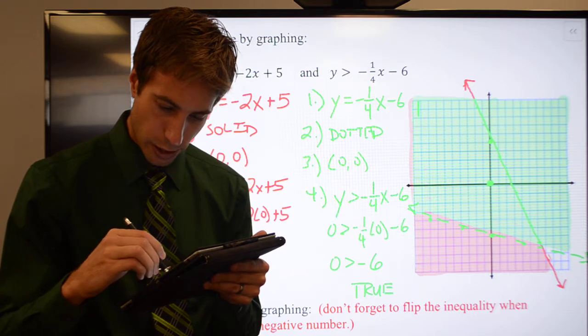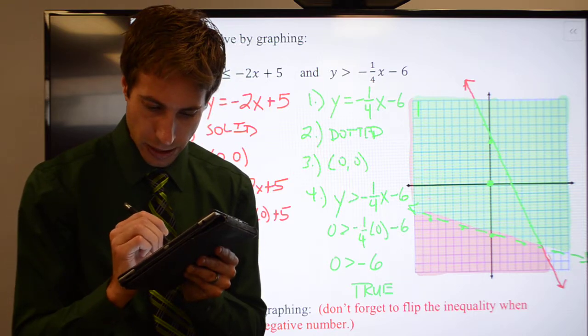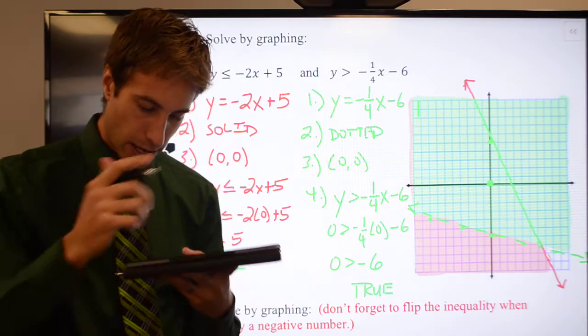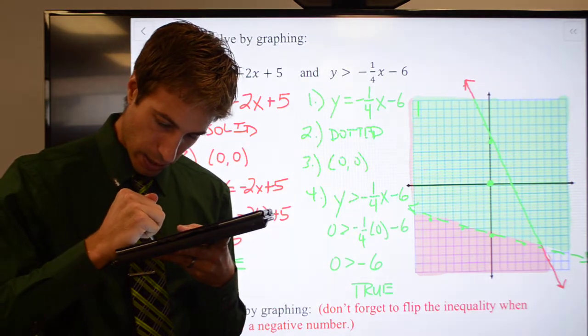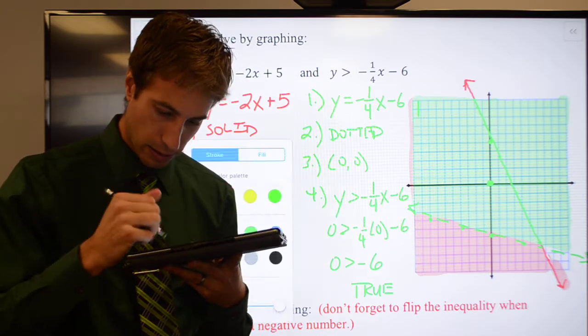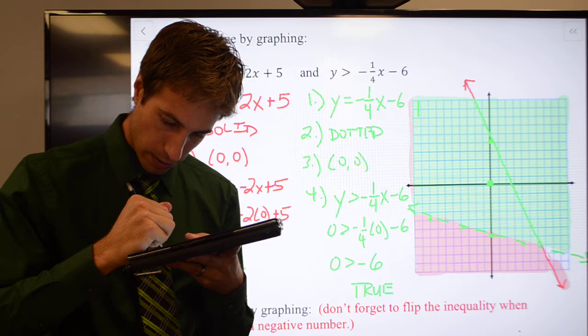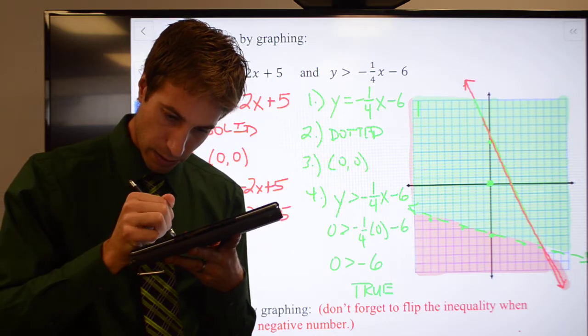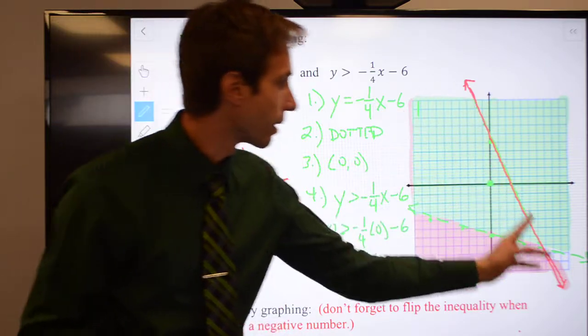Alright, the highlighter turned my line green. Let me just go over that again real quick so that that is not confusing. Right, that's that red line through there.